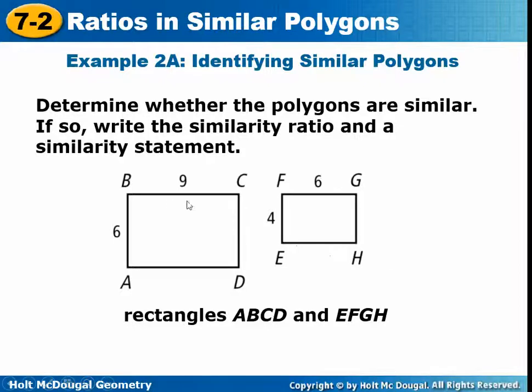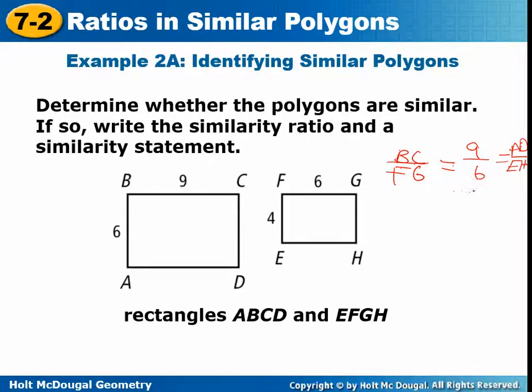Now we have to check and see if the sides have the same similarity ratio. So side BC over FG, that ratio is 9 to 6. Now that ratio would be the same as AD over EF, because it's a rectangle, and one of the properties is that opposite sides are congruent.